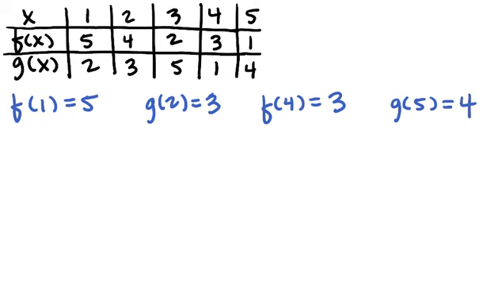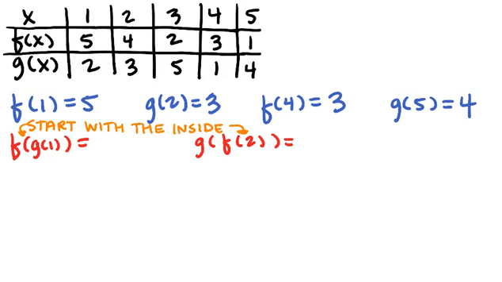Okay. So the next set we've got is some composition of function questions. So maybe f of g of 1 and g of f of 2. My advice for the composition of functions problems is to start with the inside. If I'm trying to take f of g of 1, I need to know what g of 1 is first.